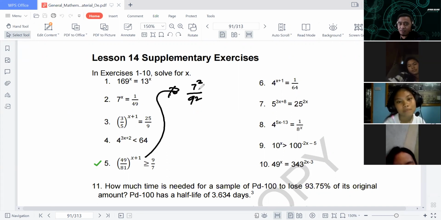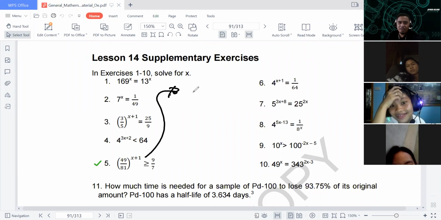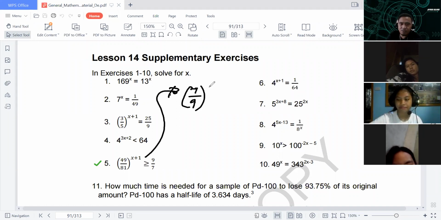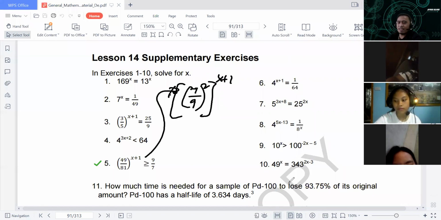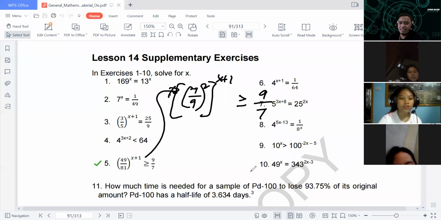We can write it as 7/9 quantity squared. 7/9 quantity squared is just the same as 49/81. Right? So the exponent is x plus 1. Got it?